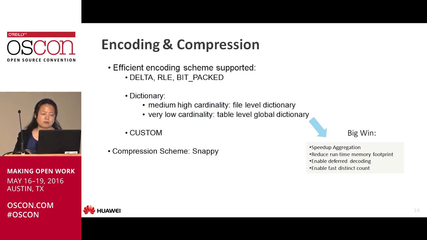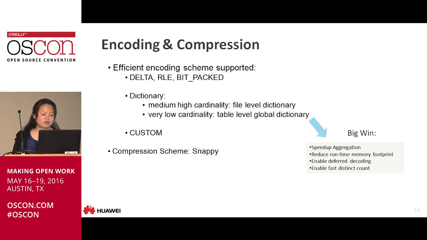This is a big win for us because with the global dictionary encoding, you can operate on encoded values all the way through the query stage until right before you return the result back to the client. So speeding up aggregation is key. Also, because you're operating on encoded values, it reduces the runtime memory footprint, and there is the deferred decoding I just mentioned.